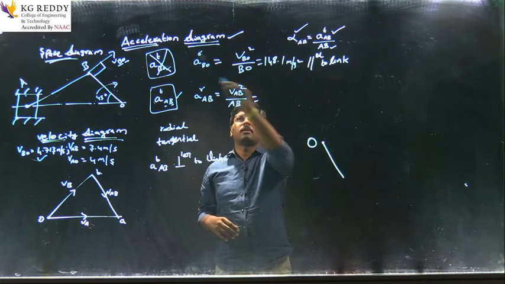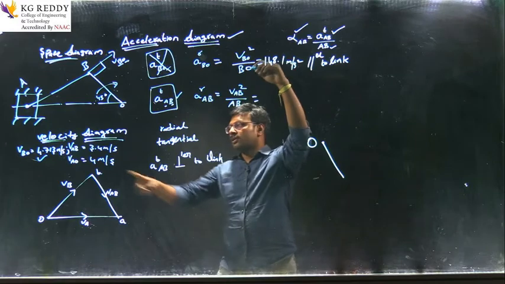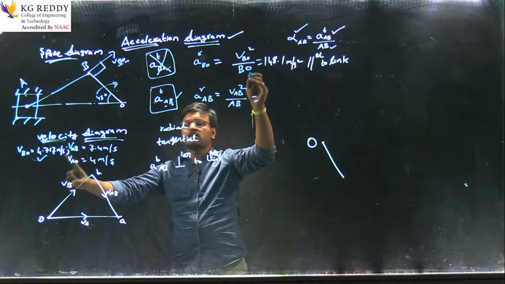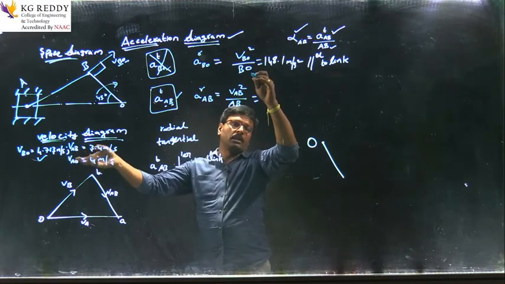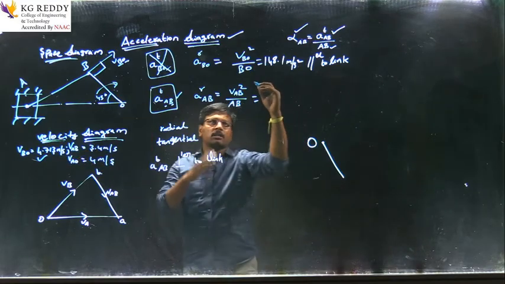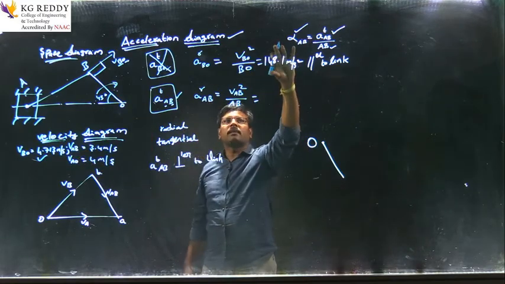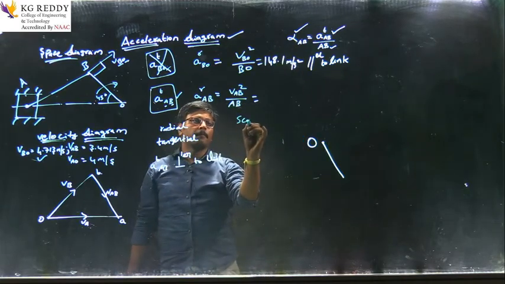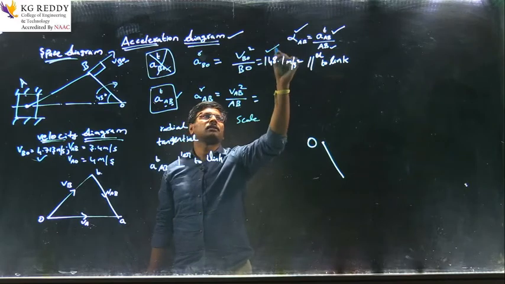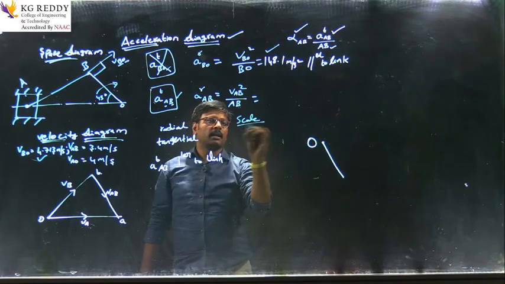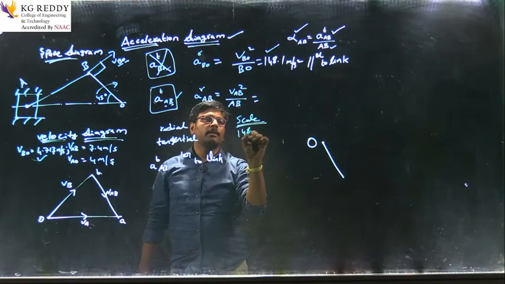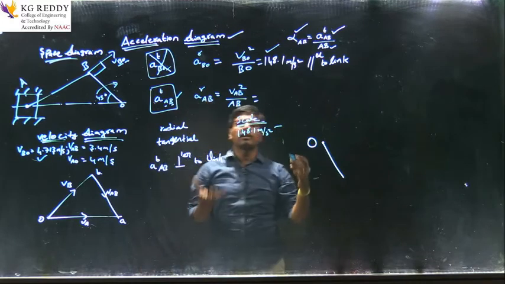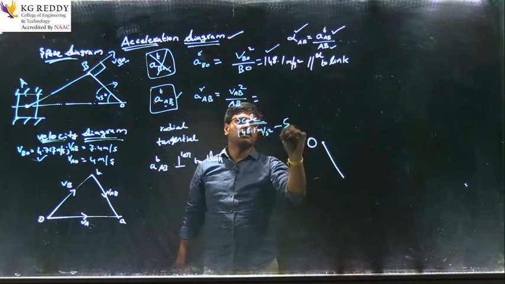This is the value of the acceleration when substituting 4.713 whole square by BO, that is 150 mm. So substituting those values, we get the value here. Using this we have to take a scale: 148.1 meter per second square may be 4 centimeter or 5 centimeter, whatever, that is up to us.